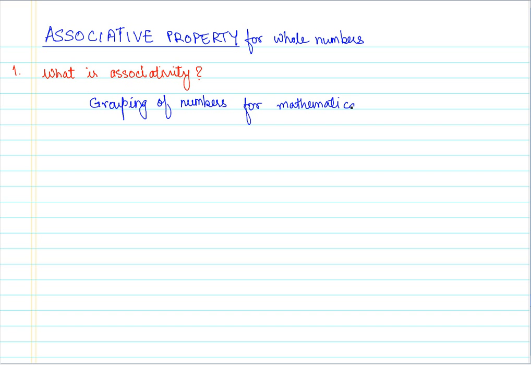Just remember grouping. You have to remember grouping of numbers. Now this will get clearer when we discuss the associativity in detail. Let us start our discussion on checking the associativity for addition.